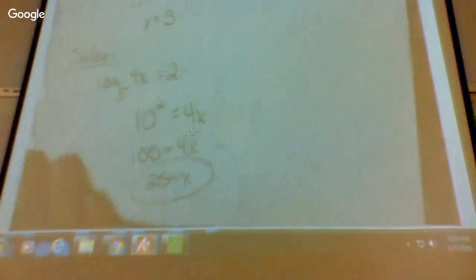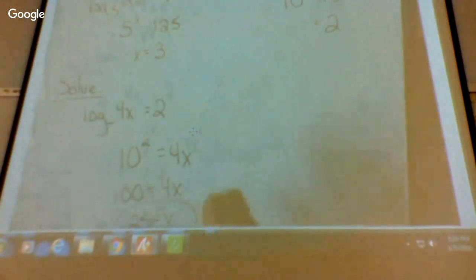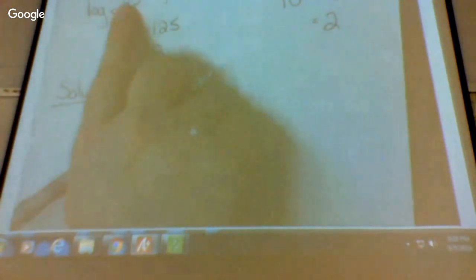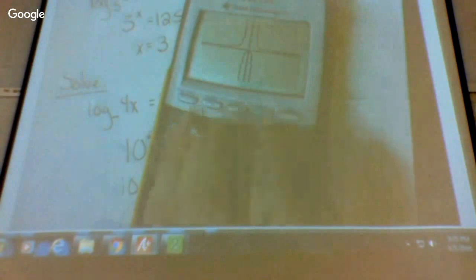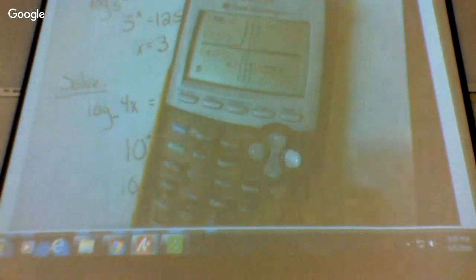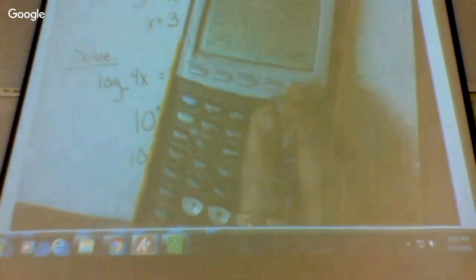Okay, so if you know how to switch forms, also know one quick trick. If you didn't know log base 5 of 125, you could have typed it into your calculator. We've seen the calculator before. If you type in log, it doesn't give you the option for a base.